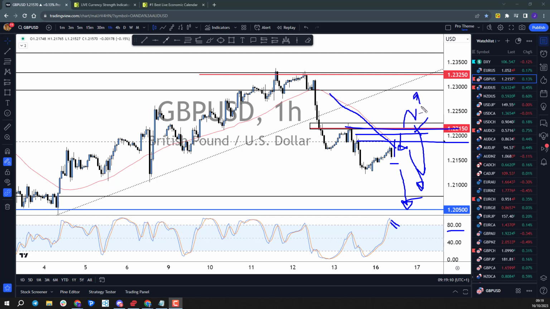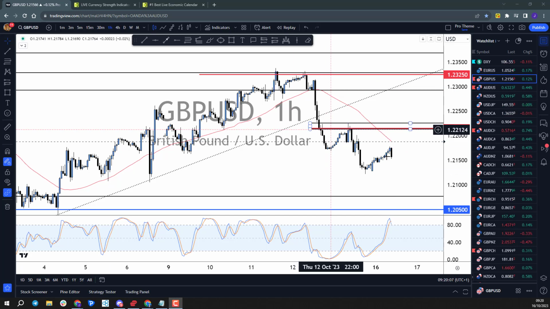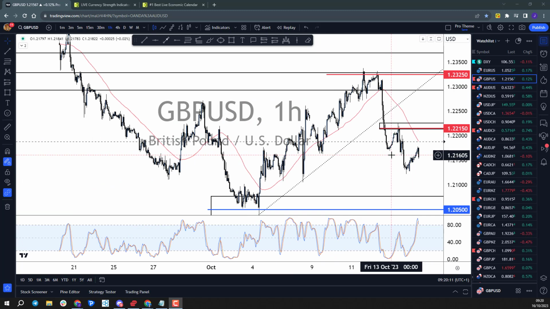A breach above this level I think would negate the bearish bias at that time, and we'd probably wait to see how price reacted to the 1.23 again. But whilst price is below this 50 SMA at the moment, I like the idea of being short.